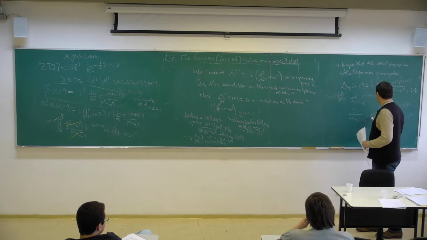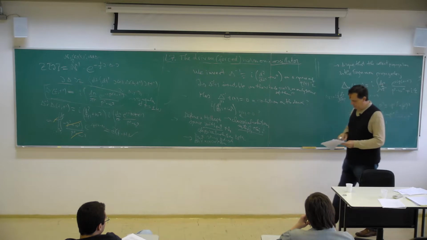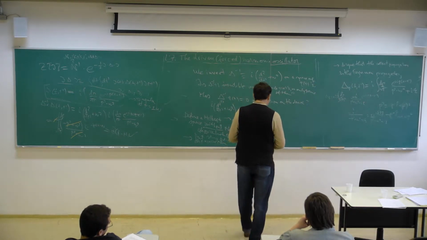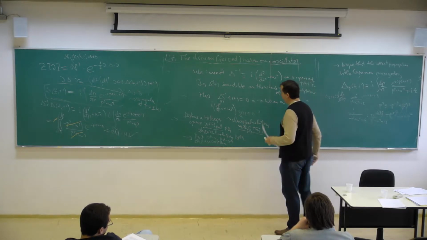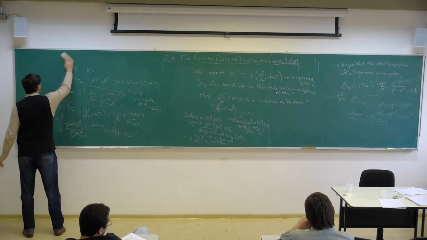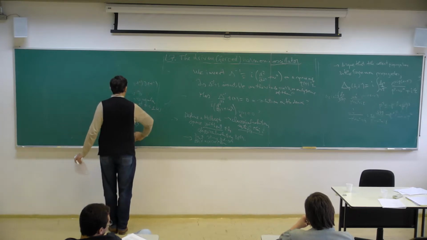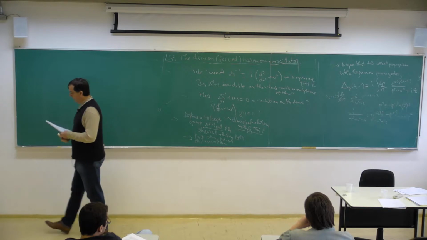That is plus i over p squared minus omega squared plus i epsilon. Okay. So I have really the same thing.